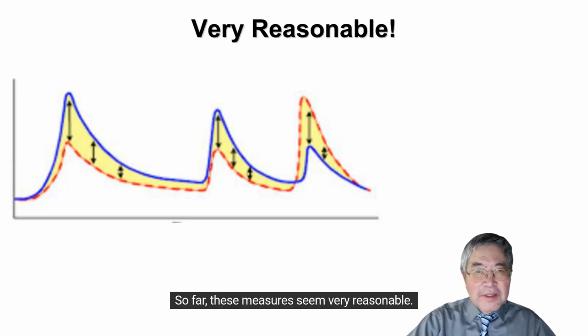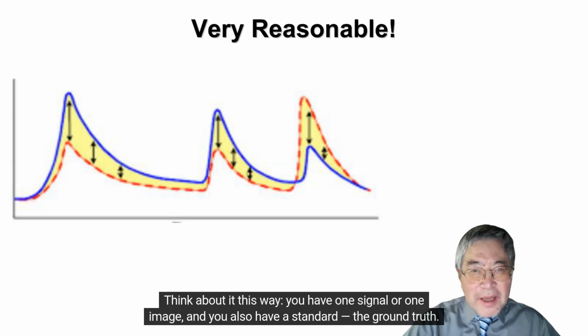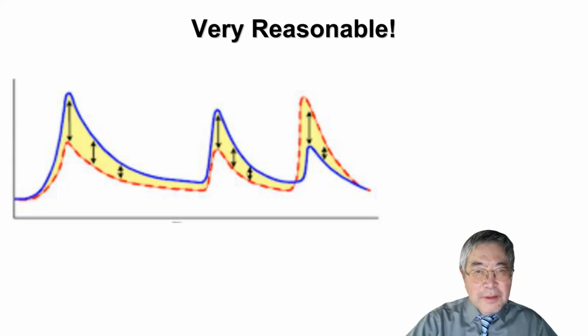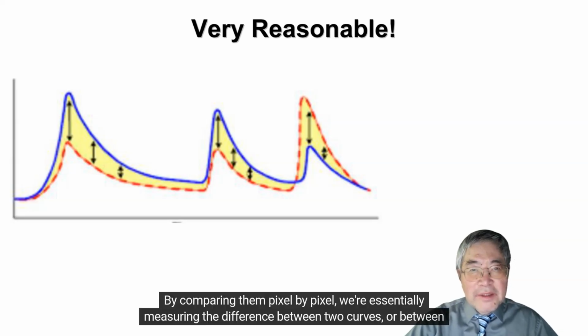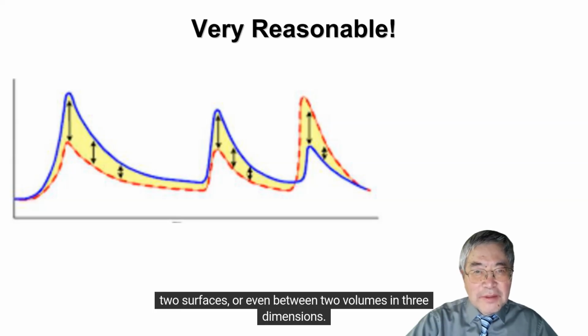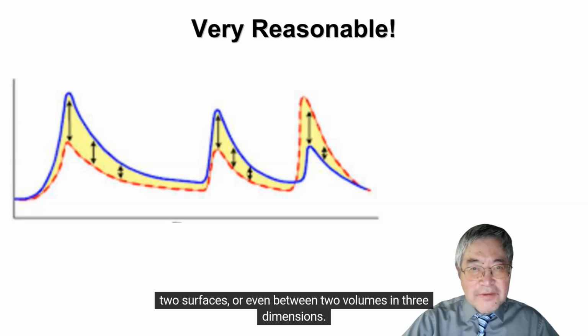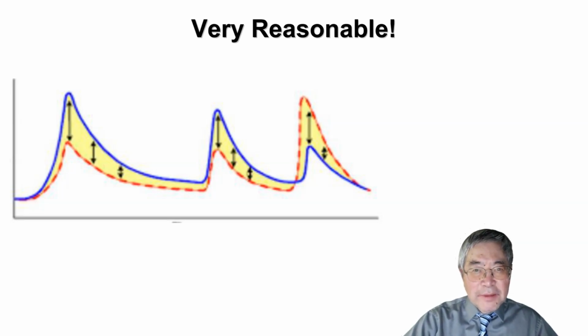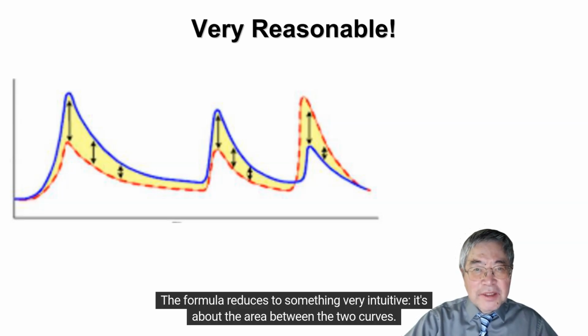So far, these measures seem very reasonable. Think about it this way. You have one signal or one image, and you also have a standard, the ground truth. By comparing them pixel by pixel, we're essentially measuring the difference between two curves or between two surfaces or even between two volumes in 3 dimensions. The formula reduces to something very intuitive.